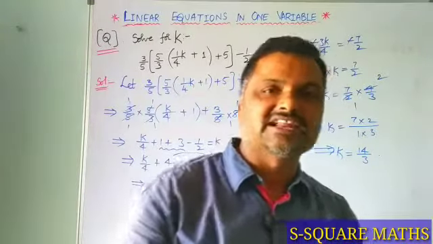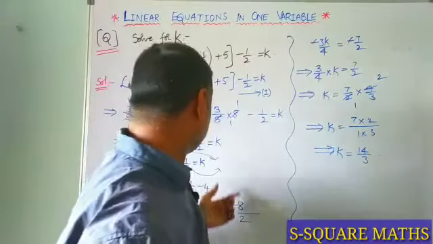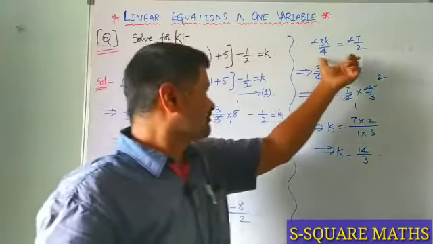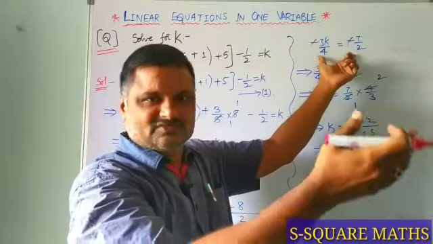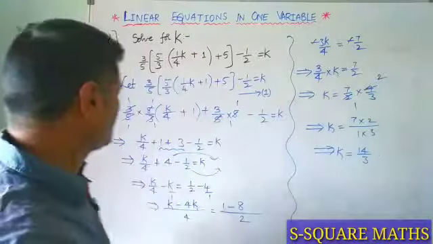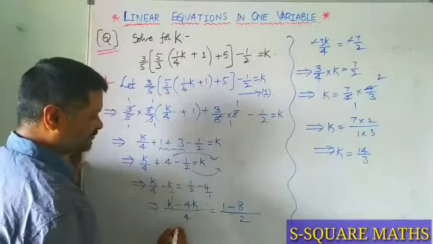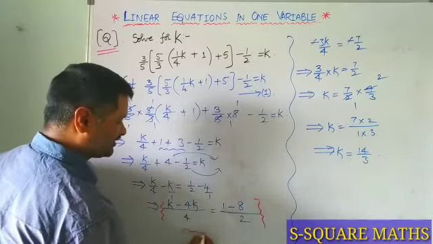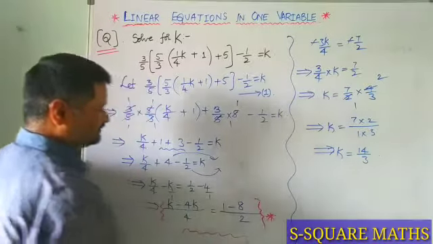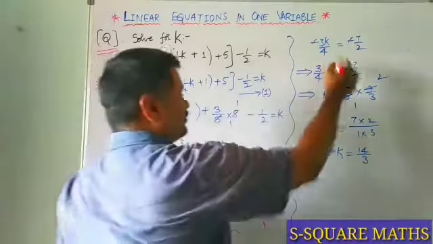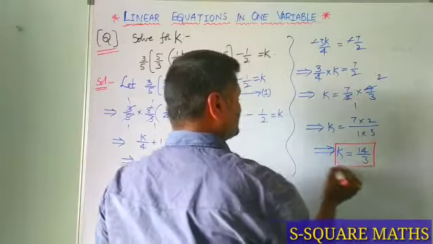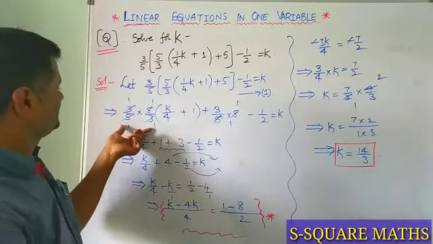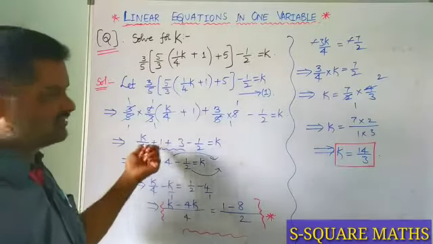Once the brackets are removed, finally we will get up to this part very easily. So the first 3 to 4 steps are very important, and this step also plays an important role here. Later you are going to get this one, and here we applied the multiplicative inverse concept.